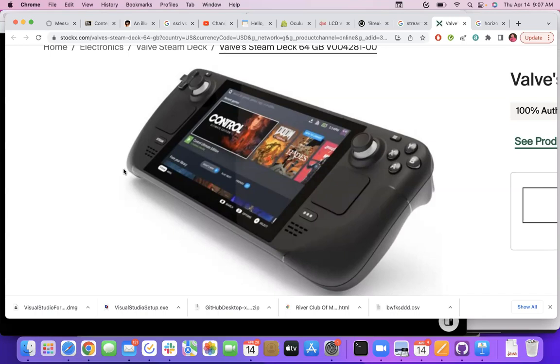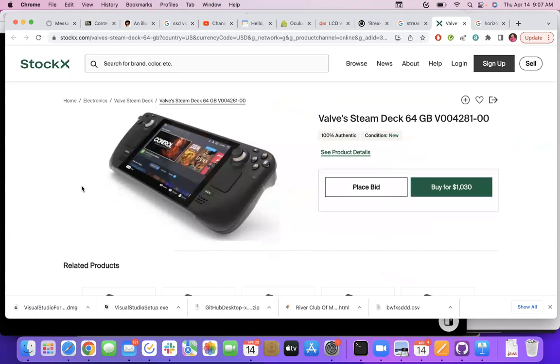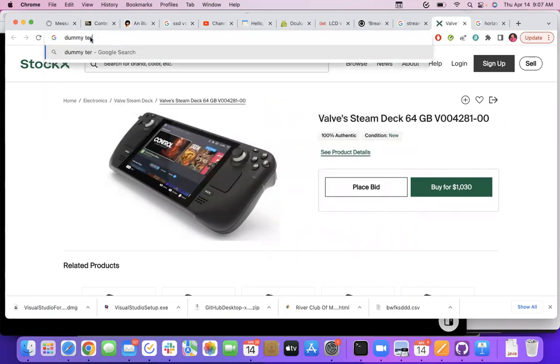All right. So really kind of fascinating stuff that we're seeing with these types of things, where we are moving more and more of our architecture off the devices, which really is a step back in time. Let's just do a search for dummy terminal.